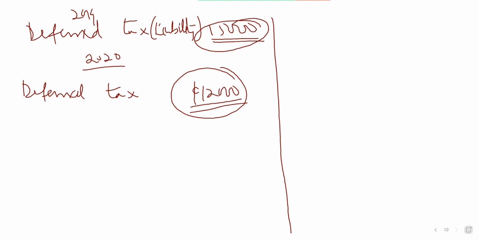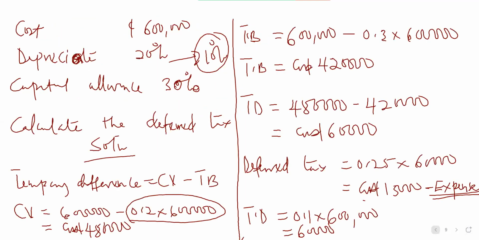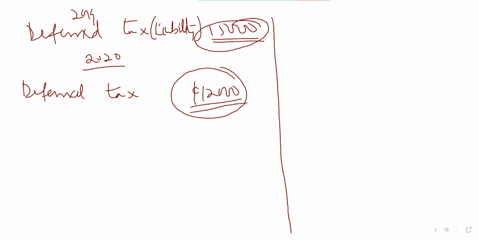So if that happens, assuming this asset that we have, the carrying value is 480, but at the end of the year, the company has revalued the asset to 520,000.